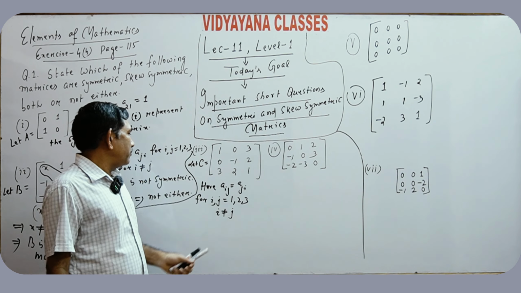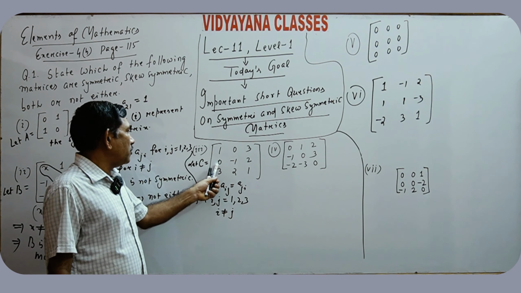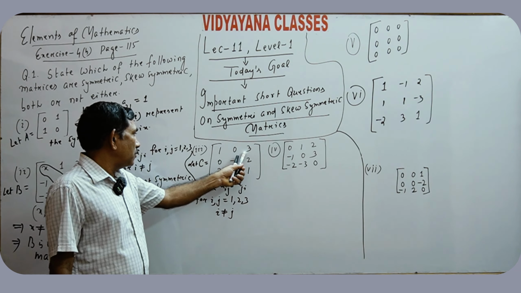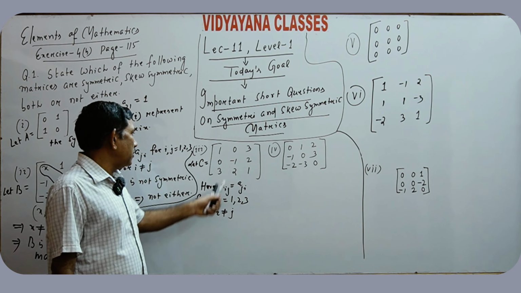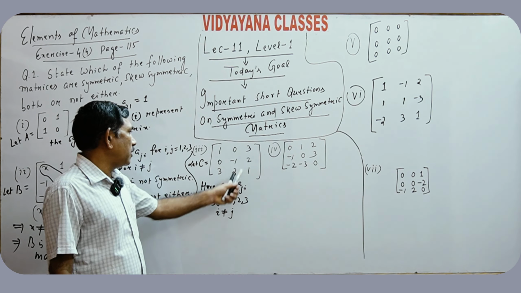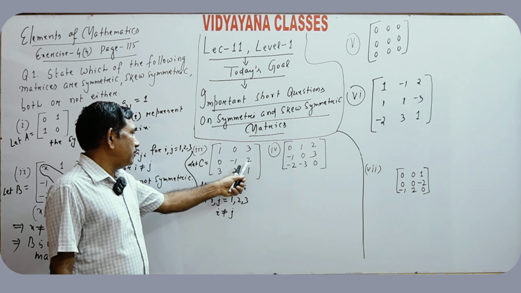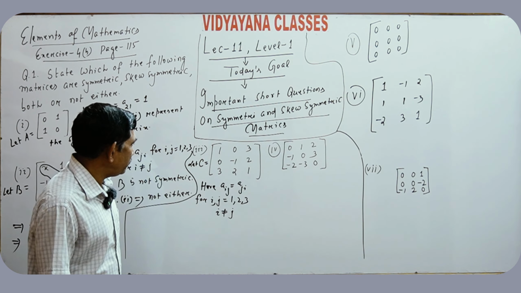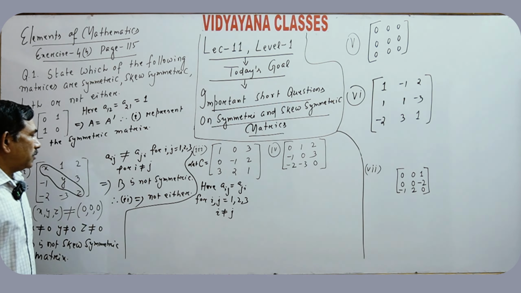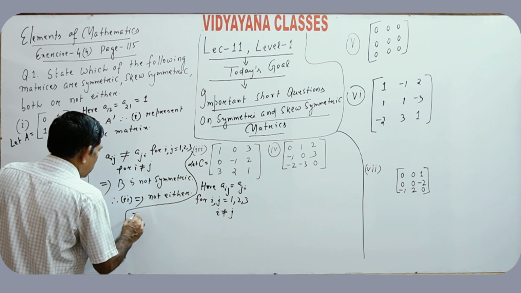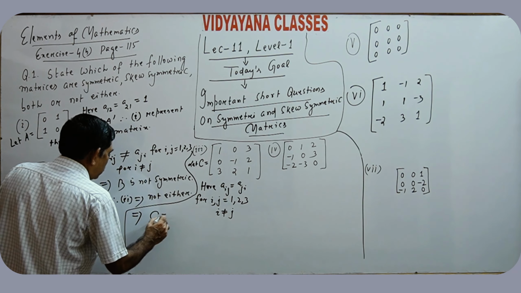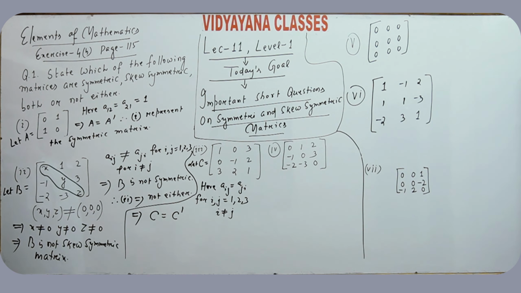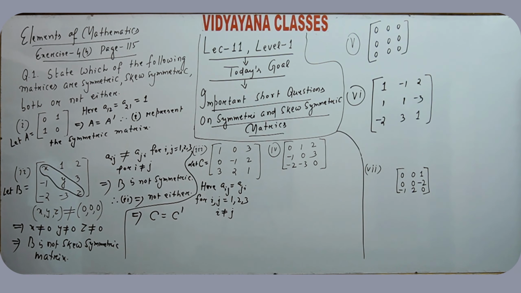A12 is 0, A21 is also 0, A13 is 3, A31 is 3, A23 is 2, A32 is also 2. This implies C is equal to C transpose. It is the definition of symmetric matrix.